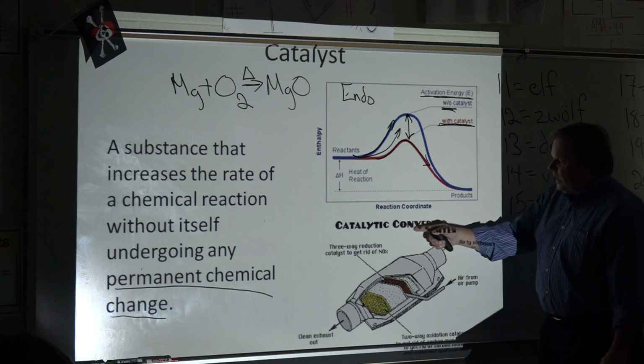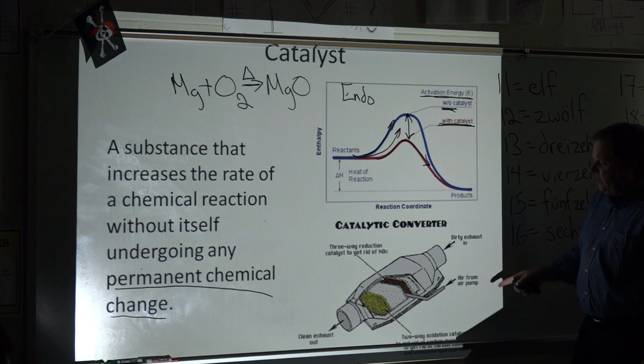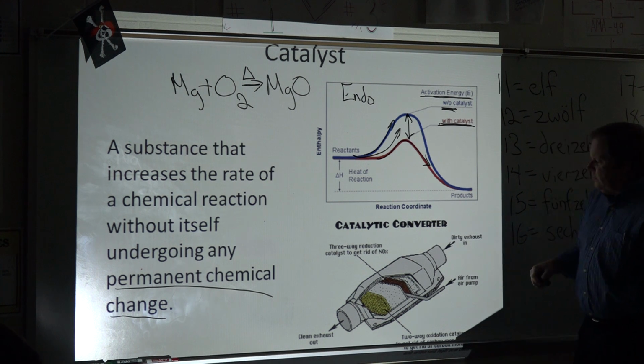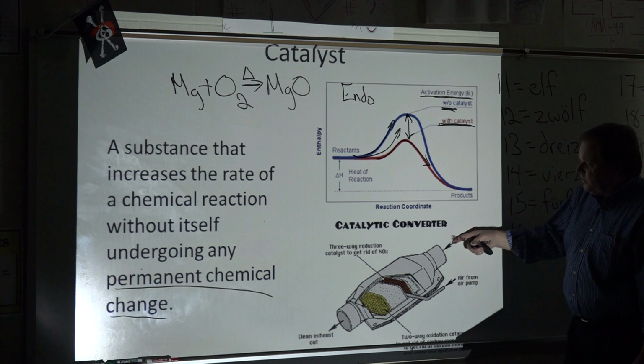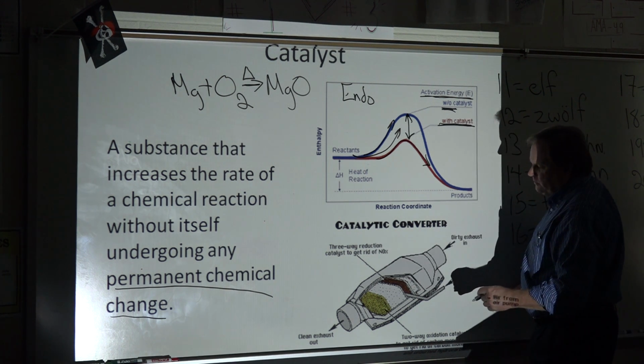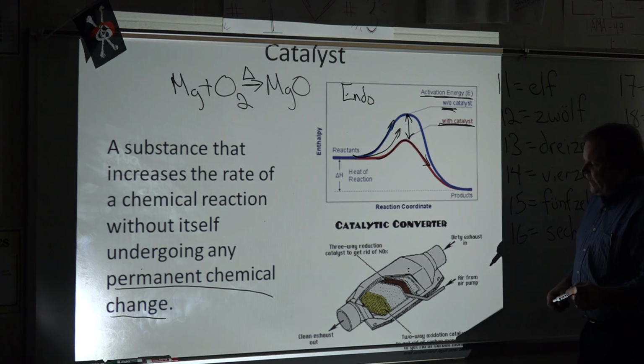Catalytic converter, we all have those in today's automobiles. We're trying to get rid of nitrous oxide out of the air, and so we've got nitrous oxide coming in with the dirty exhaust, and your catalytic converter will take that out.